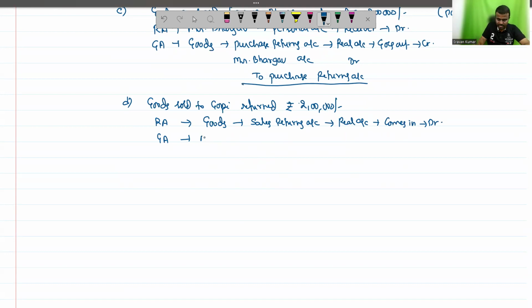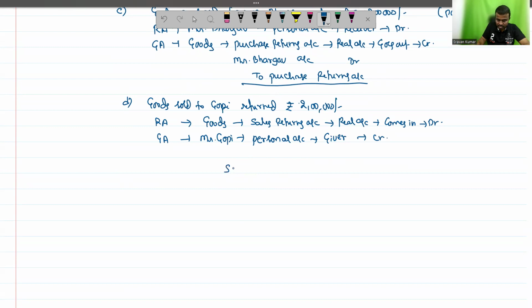And what is the giving aspect there? There is no giving aspect, but there is a giver. Instead of the giving aspect, we have to think about who is the giver. Mr. Gopi is a personal account. And what is the rule for personal account? Debit the receiver, credit the giver. So Gopi is a giver, so his account is credited.